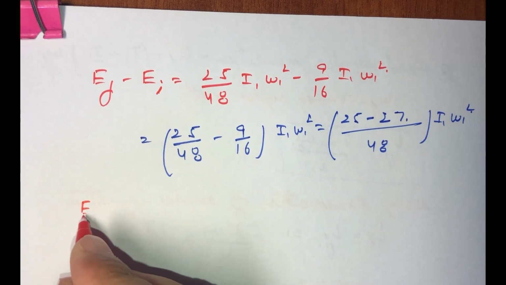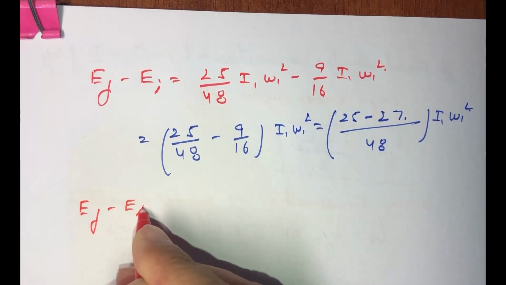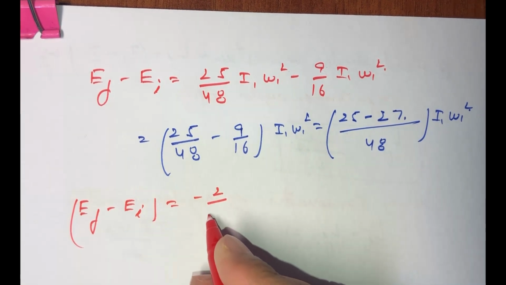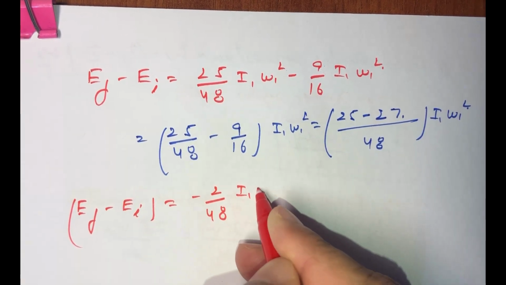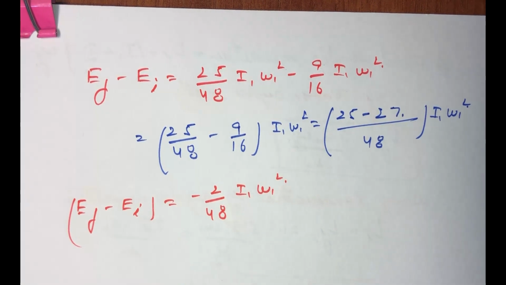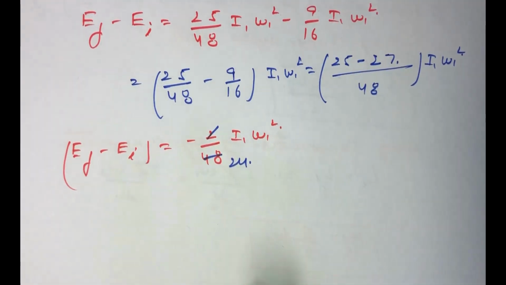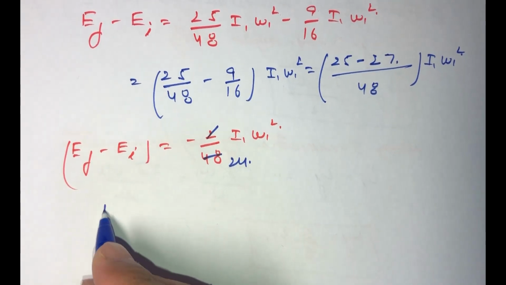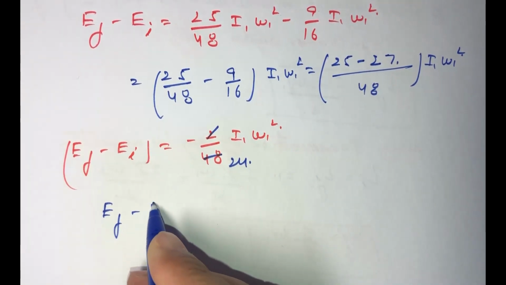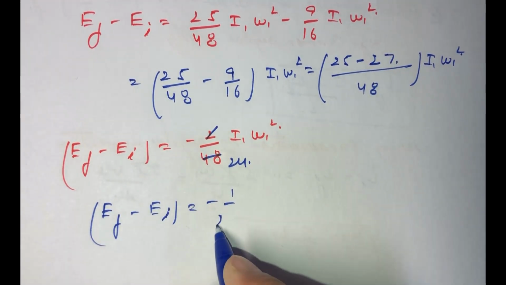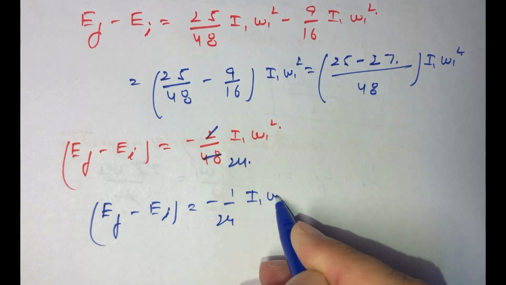So the difference is equal to minus 2/48 I1 omega 1 square, and this reduces by 24. Therefore we get EF minus EI is equal to minus 1/24 I1 omega 1 square.